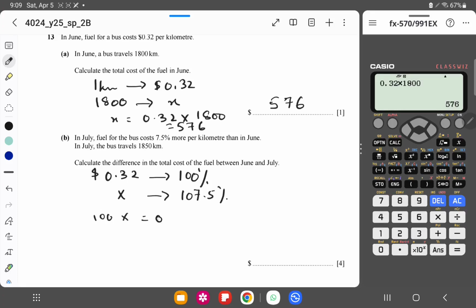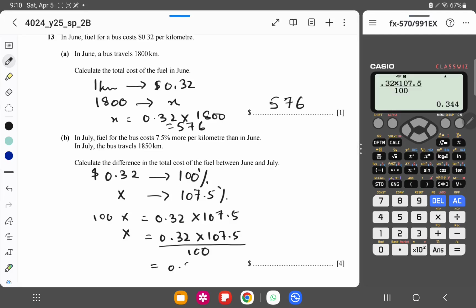Cross multiply and get your answer. 100x is equal to 0.32 times 107.5, and x is equal to 0.32 times 107.5 divided by 100. Calculate the number: that is 43 over 125, which is 0.344.